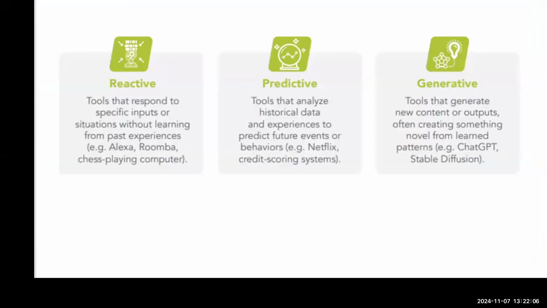You have the reactive, like some of us who use Alexa. We have the predictive, so tools like Netflix and YouTube have algorithms, artificial intelligence, that predict what you want to watch and provide recommendations. But then there is the generative, and the generative is what has been providing that greater means of concern and fear among some persons and some excitement among students, because we saw the research earlier that students are using it. All right.